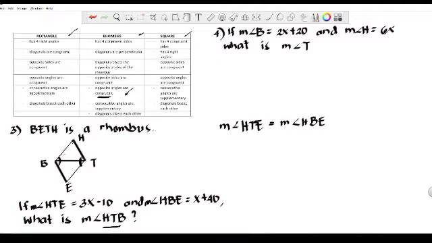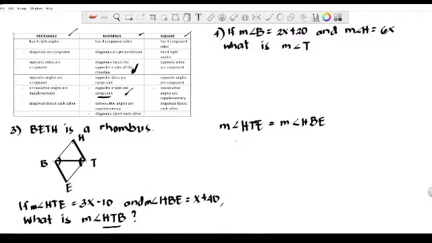Ang HTB ay nabuo dahil dito sa ating diagonal. Kung i-apply natin yung property ng rhombus na the diagonals bisect the opposite angles of a rhombus, ibig sabihin, pag sinabing bisect, hinati into two equal parts. So, ang measure ng HTB ay kalahati ng HTE.